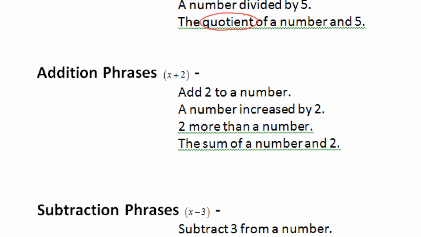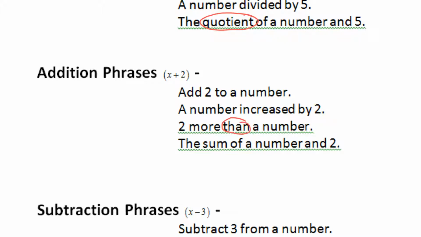Another phrase is addition. So we have x plus 2. You notice the plus in the middle, and you have x, a variable, and this is an expression. So you can say add 2 to a number. Notice how this says add 2 to a number. So number is your variable x. You can also say a number increased by 2. So you guys have x plus 2. You can say 2 more than a number. And let me just circle that word than right here.